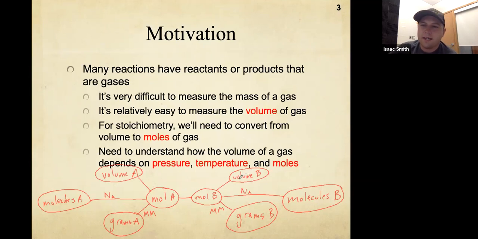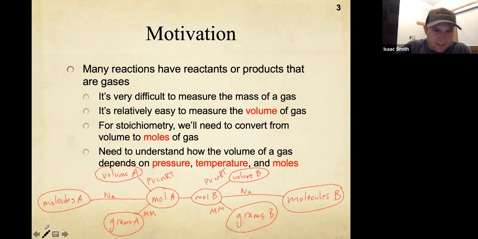So using gas laws, which we're going to be talking about mostly in the next lecture, we'll be able to convert from volume of A to moles of A, and you'll see an equation, it's PV equals nRT, okay? And that'll be the equation that will allow you to convert from volume directly to moles, okay?